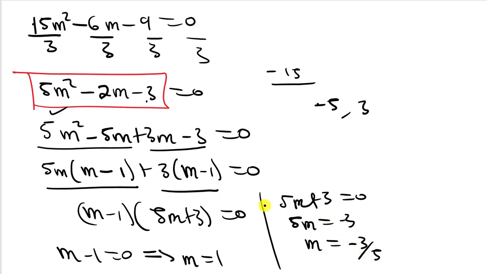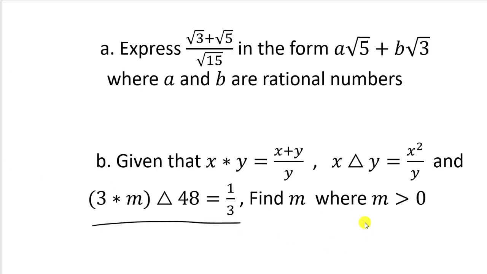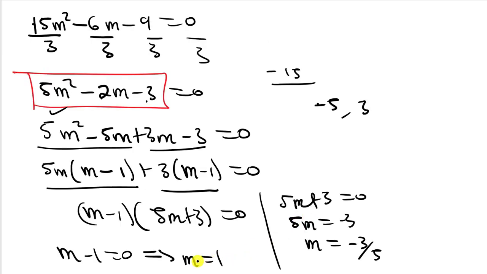But don't forget that the question said where m is greater than 0. All right. So in that case, you are going to pick m being equal to 1. Therefore, our m is equal to 1 is our final answer.